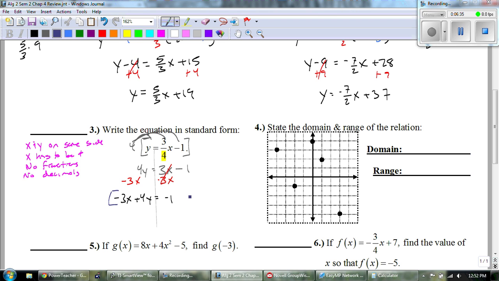Well, if it's negative right now and I want a positive, I'm just going to multiply by a negative 1. And just remember, I need to multiply everything by negative 1. So all of my signs change. So it's negative, now it's positive. It's positive, now it's negative. It's negative, now it's positive. So we get our final answer in standard form, 3x minus 4y equals 1.